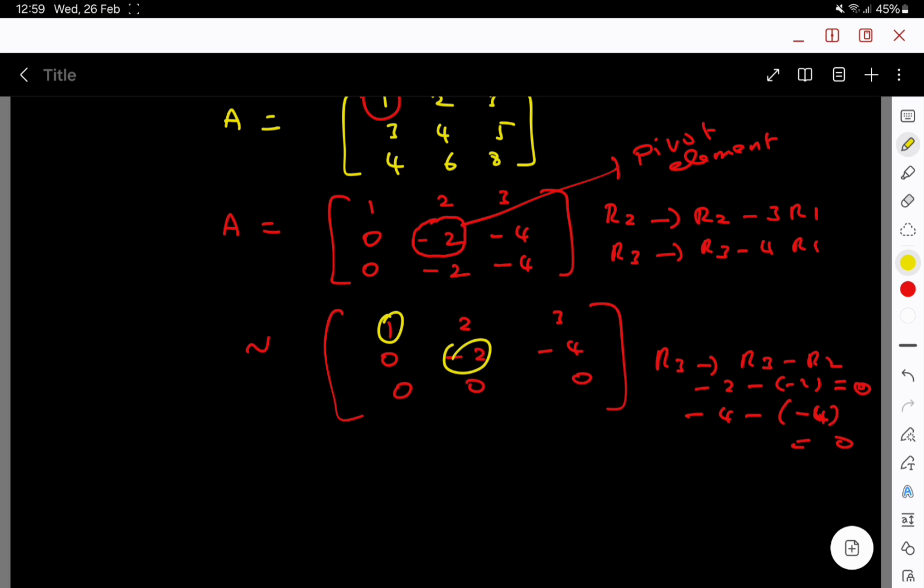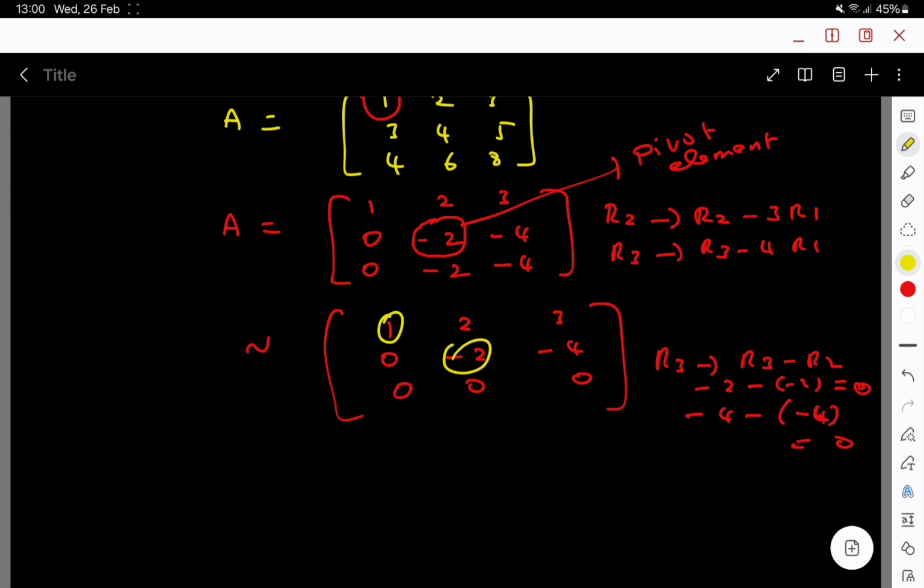After changing to echelon matrix, we can write the rank. The rank of the matrix is equal to the number of non-zero rows in the echelon matrix. How many non-zero rows here? 2 non-zero rows: 1 2 3, 0 minus 2 minus 1. Non-zero row means at least one element of the row is non-zero.